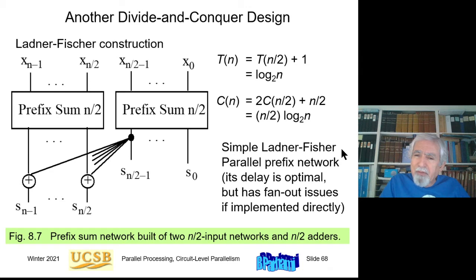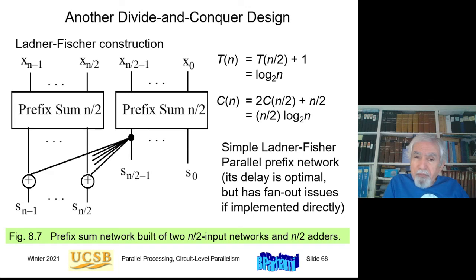It was actually the first network suggested for parallel prefix computation. Now, theoretically, this is sound. In practice, if you try to implement this as a circuit, this signal having a large fan-out can create a problem. So if you're doing 128 inputs, each of these halves will be 64 inputs, and this signal must be fanned out to 64 places, and this creates a problem.